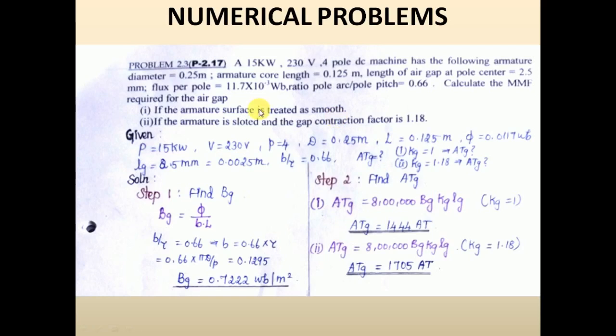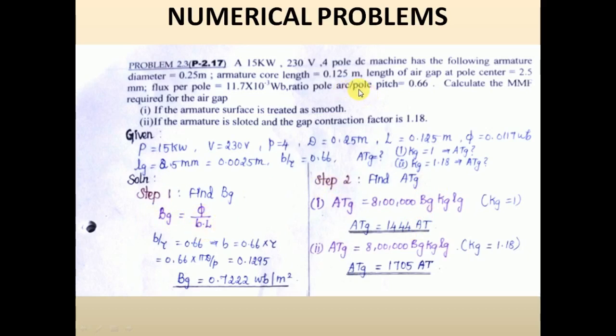As I have mentioned in the previous problem, if something related to pole arc is given, then definitely you must consider such a problem as a salient pole machine. So here also, in order to find the required MMF, you have to use the relation Bg instead of B average. You can calculate Bg by using the standard relation, that is flux per pole arc into length.